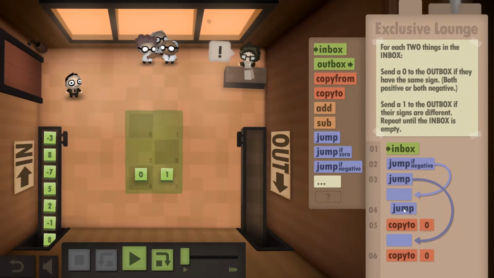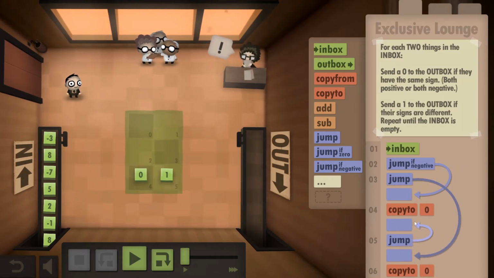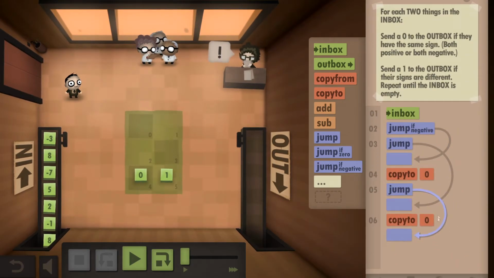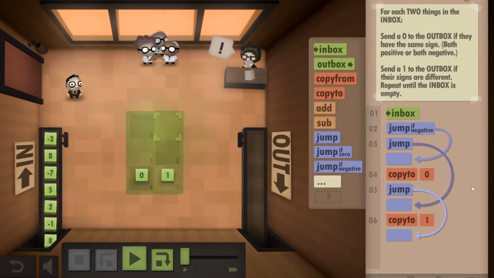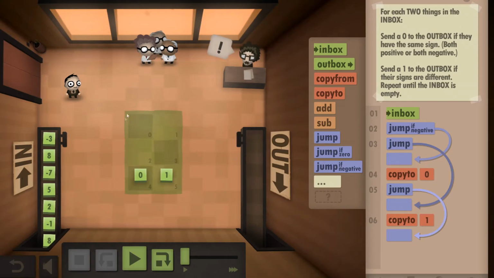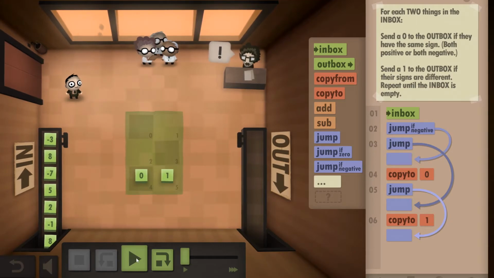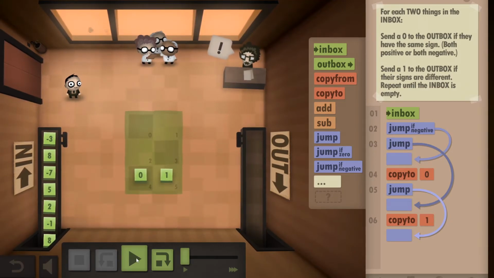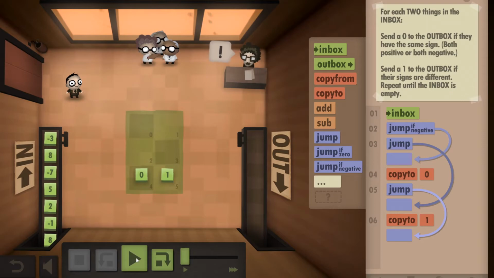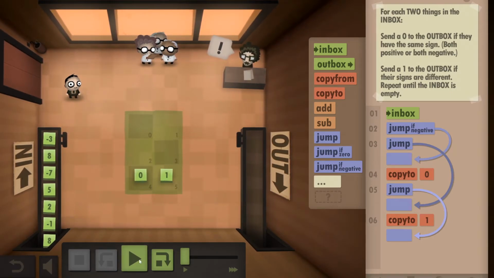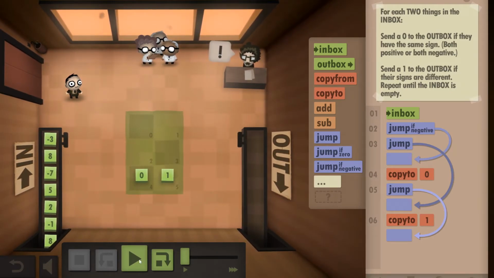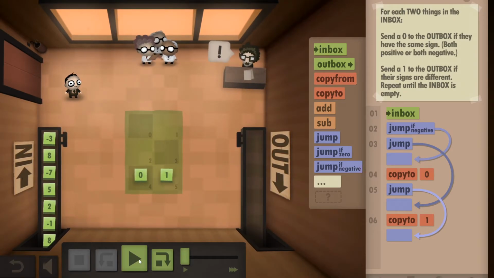Now we gotta put more jumps in here. Okay, so we'll store all negative numbers in register 0, and we'll store all positive numbers in register 1. What does that mean? Well, right now it means that we will overwrite. If we get 2 positives, we'll overwrite. And if we get 2 negatives, we'll overwrite.